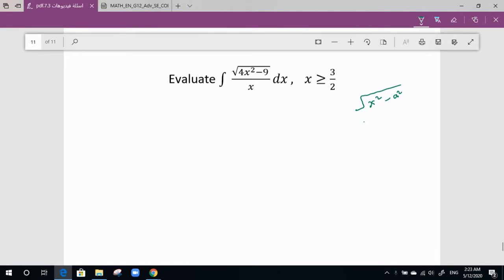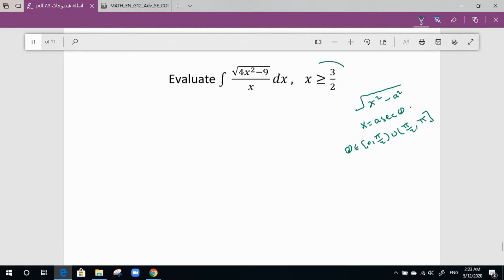In this case, we take x equal a secant theta, with theta in the interval from 0 to pi over 2 union pi over 2 to pi closed.